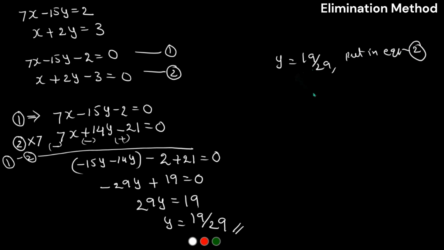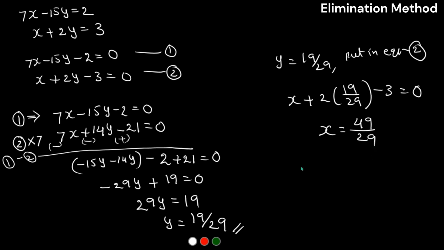So x plus 2 into 19 by 29 minus 3 is equal to 0. If we simplify this equation, we will get x is equal to 49 by 29. So now the solution is x is equal to 49 by 29, comma, y is equal to 19 by 29.